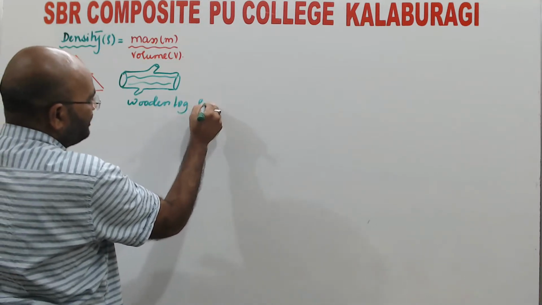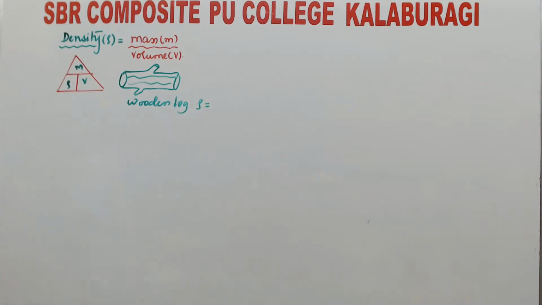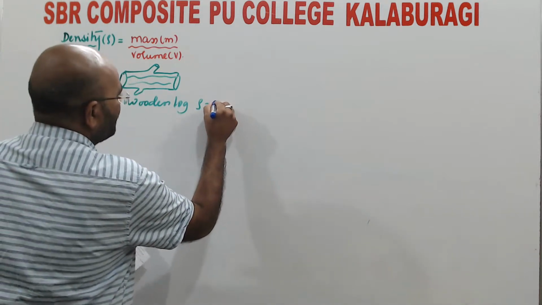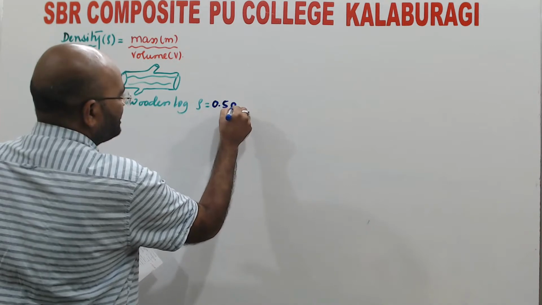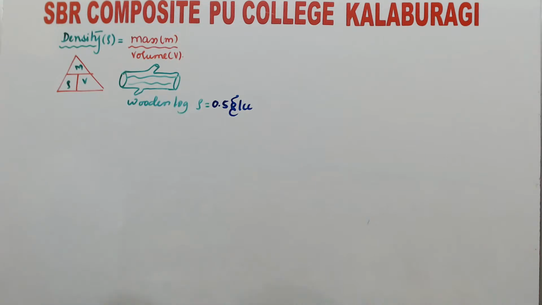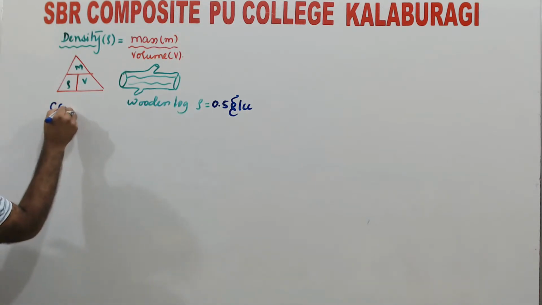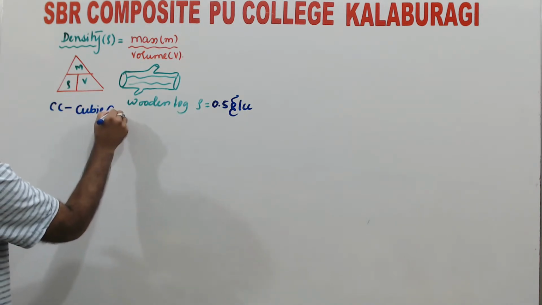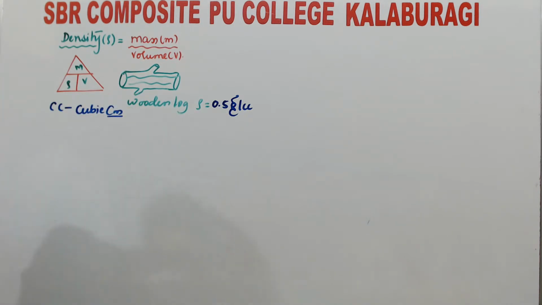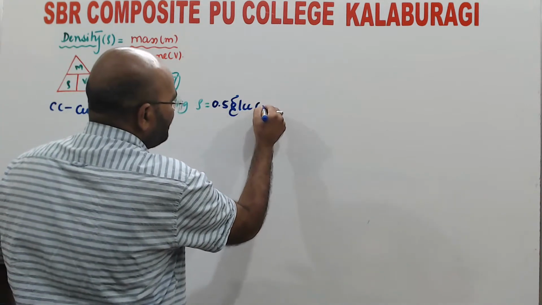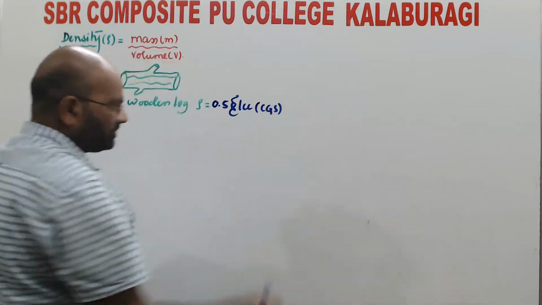The density rho is given: it's about 0.5 gram per cc. Here cc stands for cubic centimeter. Then this value is given in CGS.